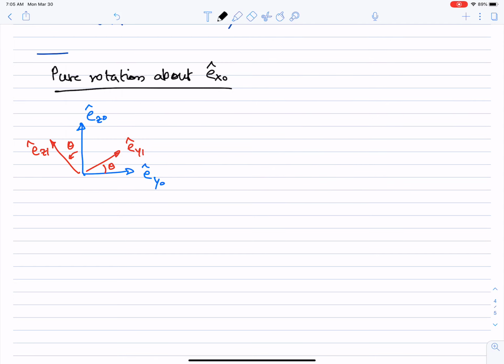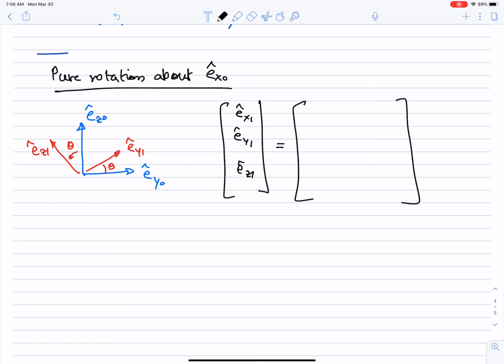Then we have, it turns out, Ex1, Ey1, Ez1 in this new case equals, because Ex remains the same, it's a pure rotation about Ex, we have 1, 0, 0 because Ex1 equals Ex naught.